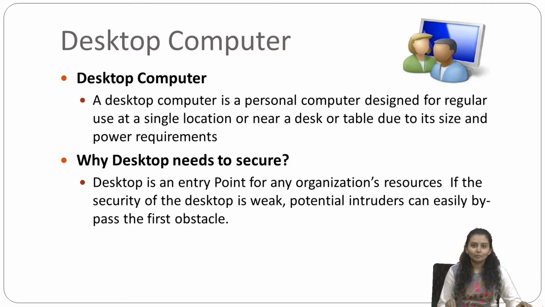The desktop is the entry point to the organization's information resources. If the security of the desktop is weak, a potential intruder can easily bypass the first obstacle. So, it is necessary to secure desktop computers.